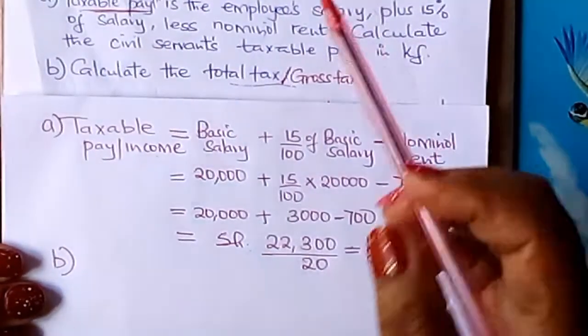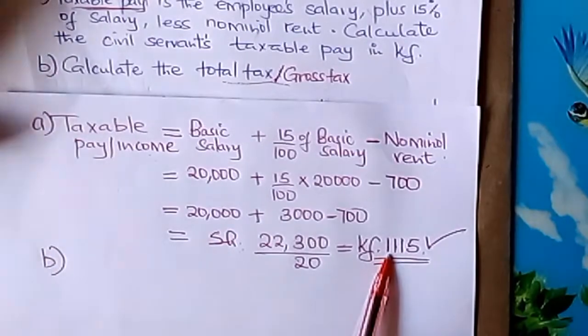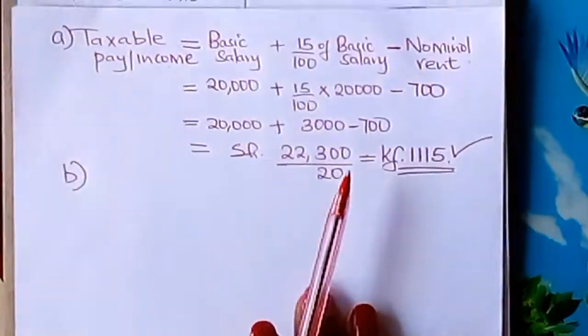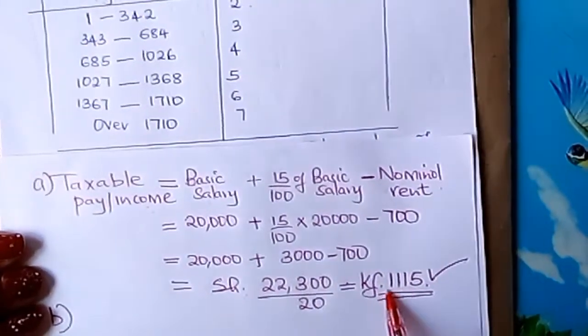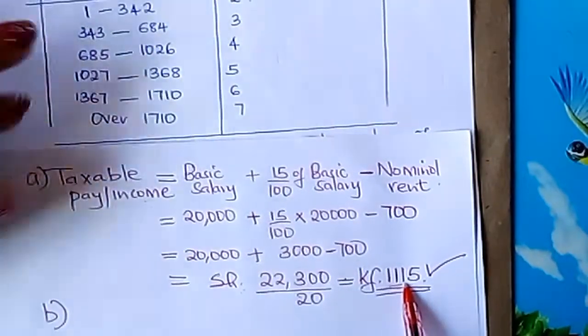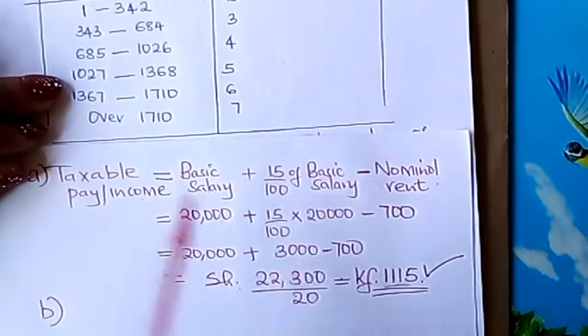So learner, let us take our taxable pay or taxable income to the table and tax it. There we are. So our taxable pay is this, learner, in Kenya pounds, and it is per month, and therefore this one will go up to which band. You come and check.